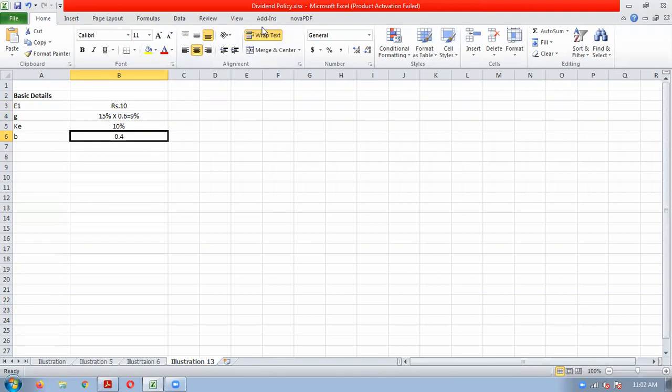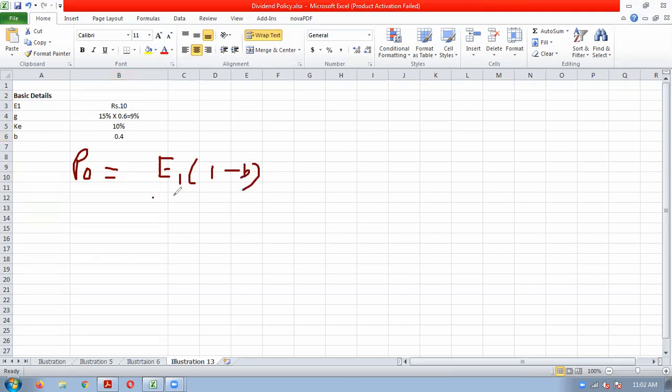So all the data we have now, we can easily apply the earnings method. E1 into (1 minus B) divided by KE minus G. What is E1? 10. 1 minus B is how much? 0.4.